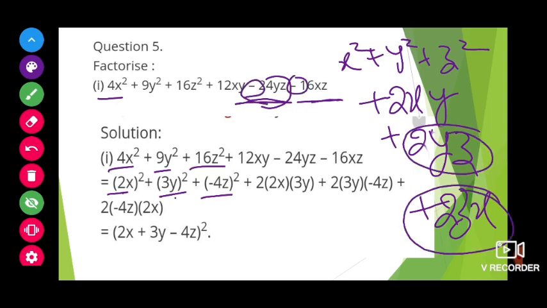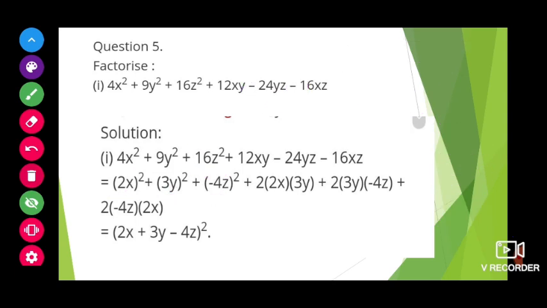So I am taking the z term as a minus. If you apply minus square, we will get plus only for the 16z². But if I take minus 4z, then the minus will get satisfied. So I am taking plus 16z² as (−4z)².